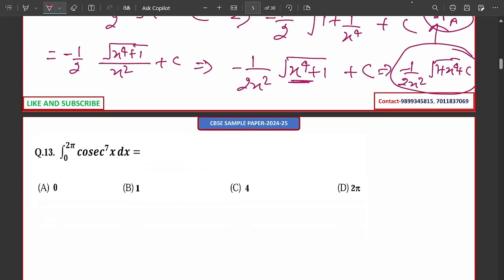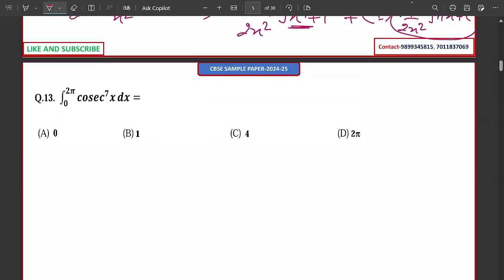And now after that, let us understand question number 13. Integration from 0 to 2 pi of cosec 7x dx will be, which one is the correct option?